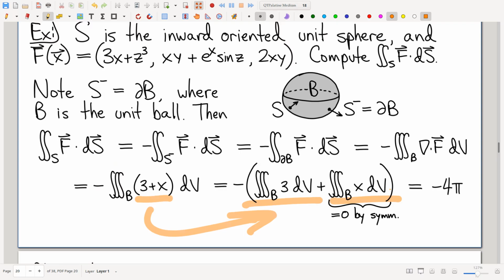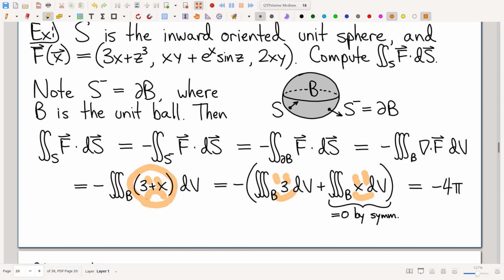Y'all have been doing stuff like that since Calc 1, right? The big payoff here, though, is that while this integrand is not constant, not symmetric, not nice in any particular way, when you break it up into pieces, both of these pieces are nice.